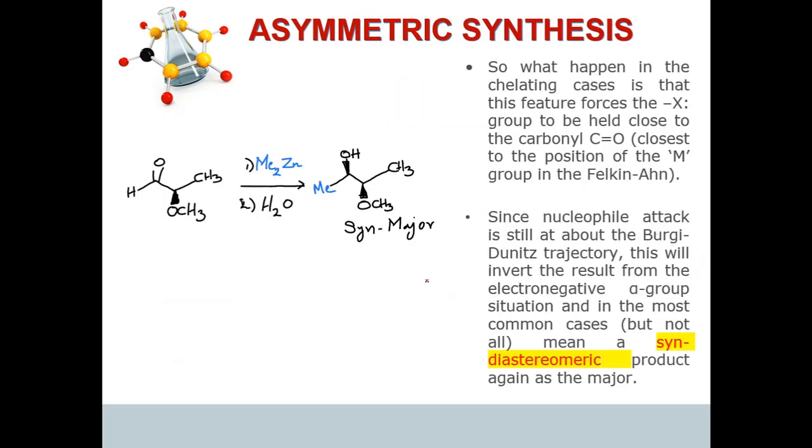Now what happens in the chelating cases is that this feature forces the X group to be held close to the carbonyl carbon, almost to the position of the M group in the Felkin-Anh model. Now here, since nucleophilic attack is still along the Bürgi-Dunitz trajectory, this will invert the result from the electronegative alpha group situation, and in most common cases you end up with a syn as the major product.